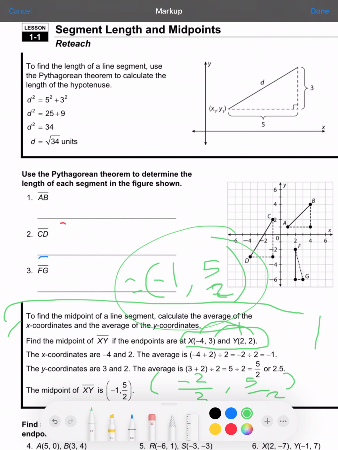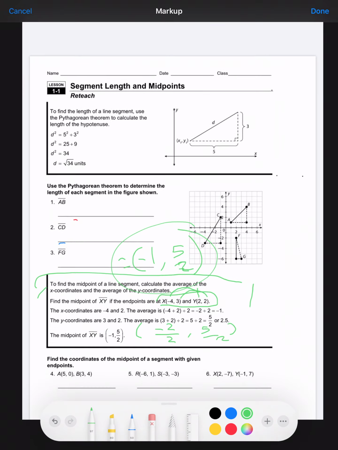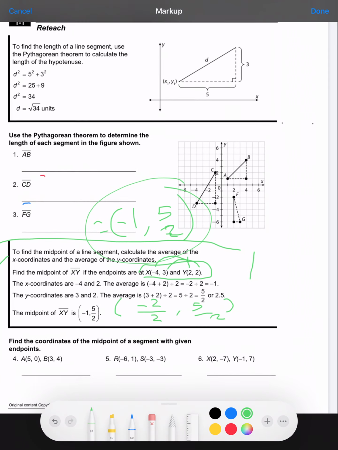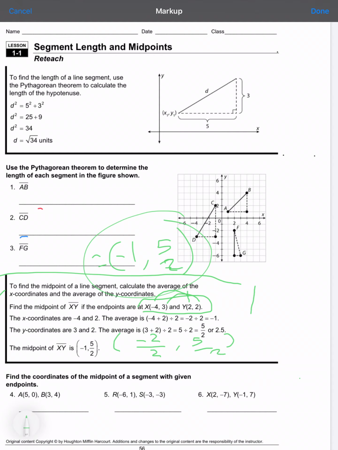Now let me go to some other examples of this point. Let's do this example. Here, to find the x coordinate, we add the x's and divide by 2, we find the average of the x's.